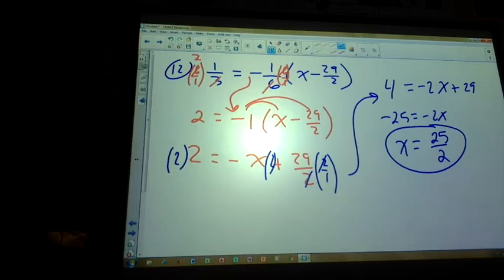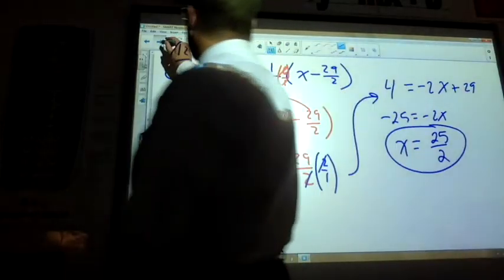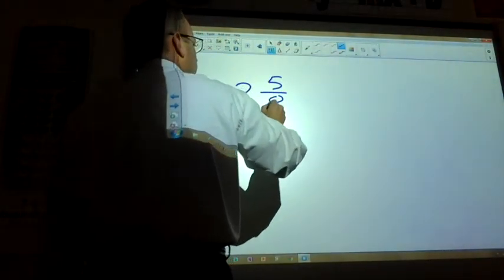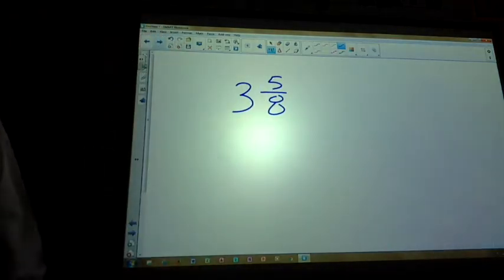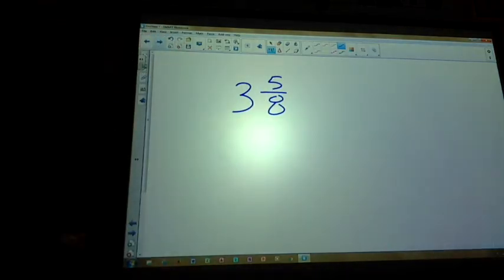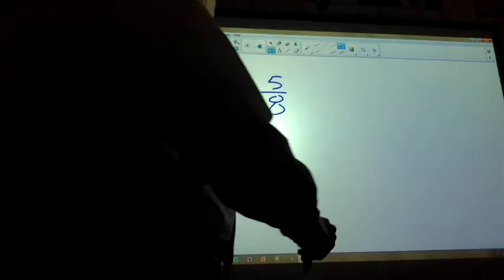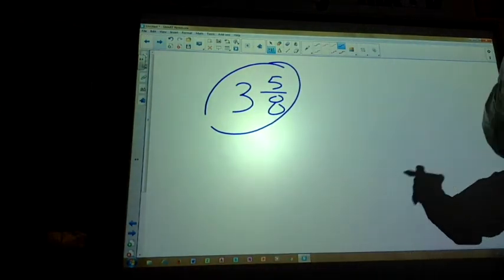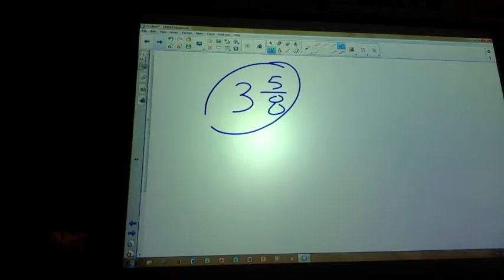Because mixed numbers are really frowned upon in math. They're bad. And the reason why is this. So let's say that becomes an answer you have. Still with me? Because let's say you have to carry this answer throughout a problem, like you're plugging it into multiple iterations of the problem.